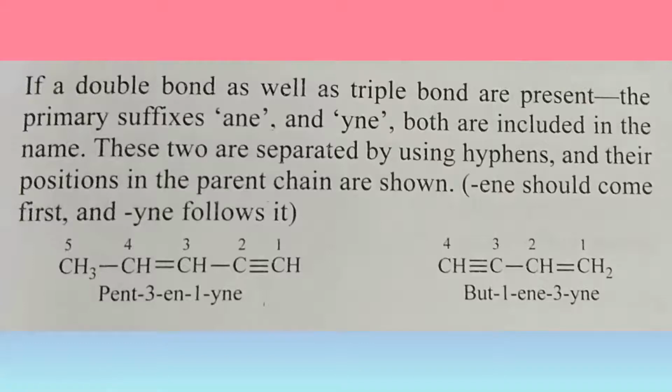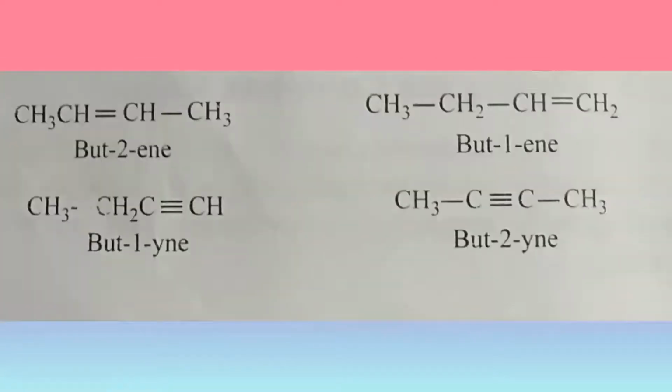If it's at the end, you can leave it. So now you all are clear with the first and second of these examples. The first example is pent-3-en-1-yne, and the second one is but-1-en-3-yne. Please note that the second one has only 4 carbon atoms present in the main chain.